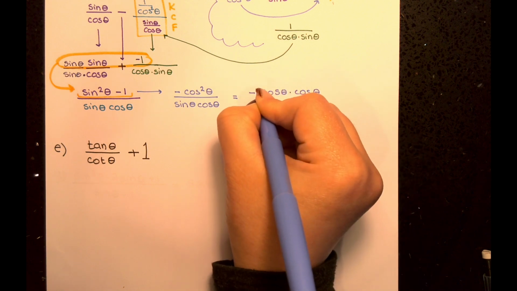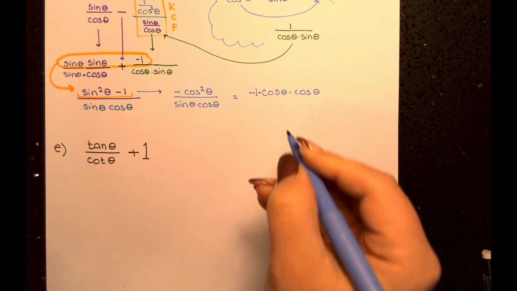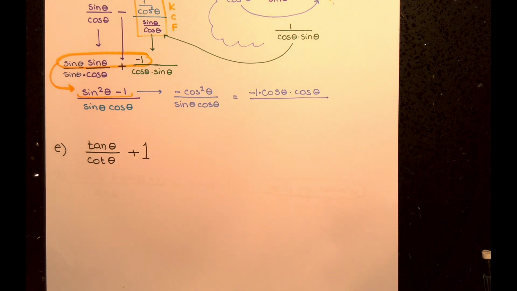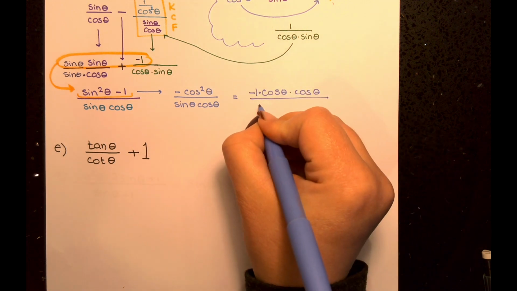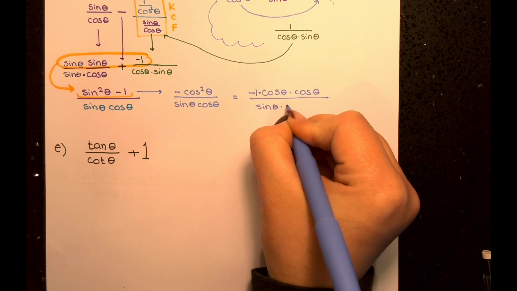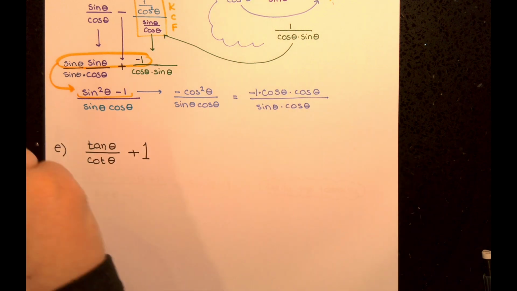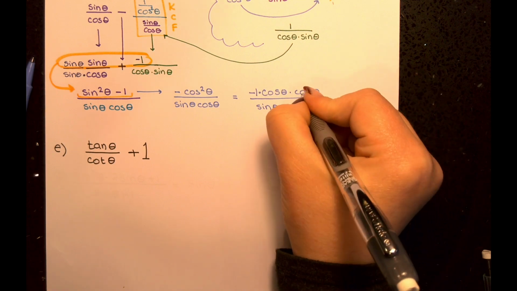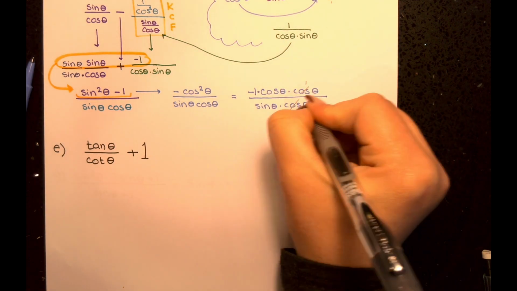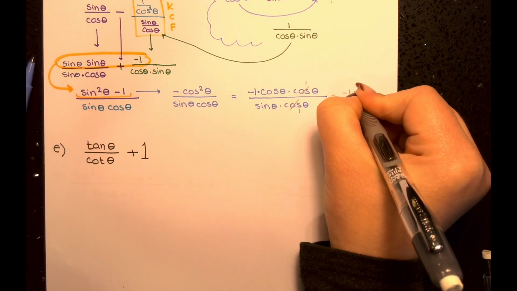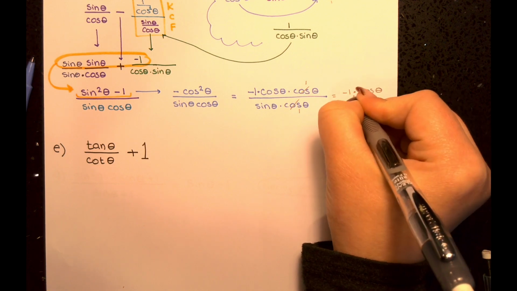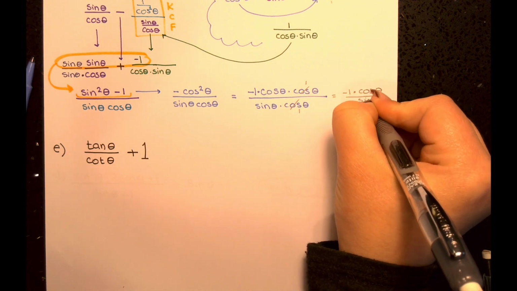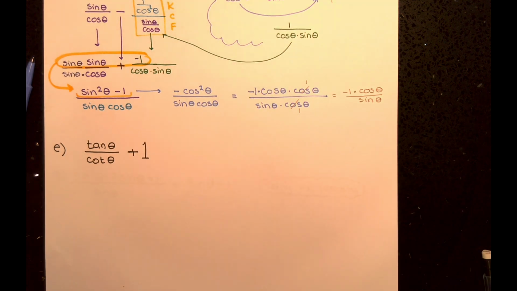And you can rewrite this negative 1 as negative 1 times, so it doesn't confuse you as to if the cosine's negative or not. It's just a multiplier of negative 1. Next, we have sine of theta times cosine of theta. And now you can see that these two can be divided out, and you're left with negative 1 times cosine of theta over sine of theta. Now, don't worry about that negative 1.